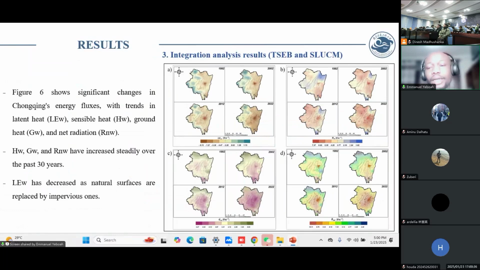In contrast, we can also see that sensible heat, ground heat, and of course, net radiation are quite prominent from the city centers and sub-city areas. So it's evident that indeed these sensible heat, ground heat, and net radiation are absorbing latent heat in this case.